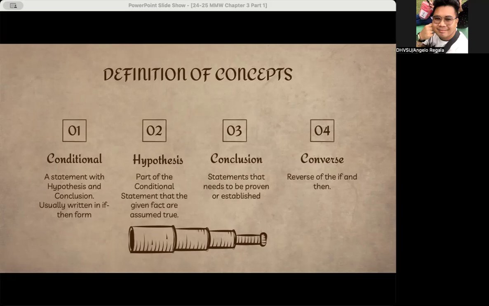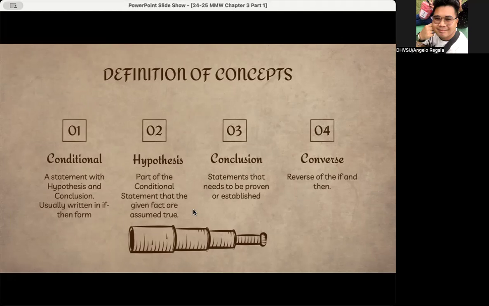Pwedeng totoo siya, pwedeng false kasi nga if. Then the conclusion will be the then part. Okay? Now, if the hypothesis is true, then that will be the conclusion, or that will be the situation. Okay?